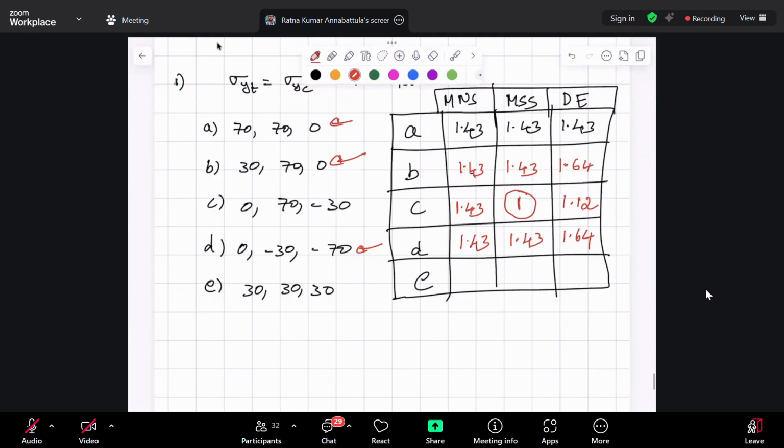How about E? I'm getting 3.33 for normal stress. For shear stress, I'm not sure whether I'm getting it wrong. What are you getting?